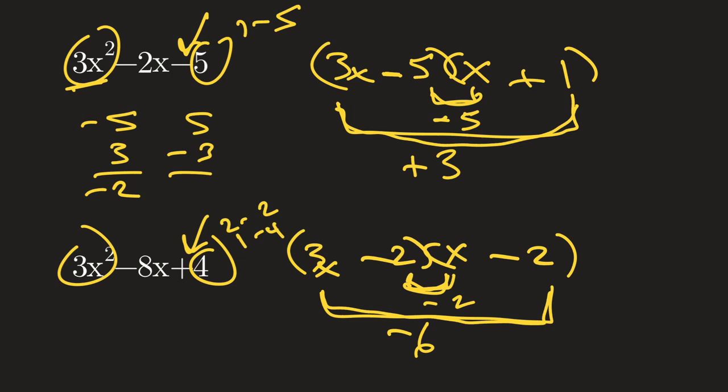Happens all the time. And I really think it is because students see one of each. You tend to have a thought that, hey, I need one of each of these parentheses. Guys, pay attention to that last sign. If that last sign is a plus, both of your signs are going to be the same. They're either going to be 2 positives or 2 negatives, depending on that middle term.